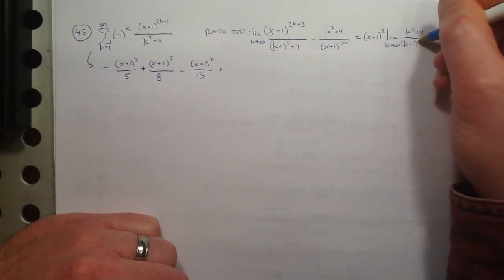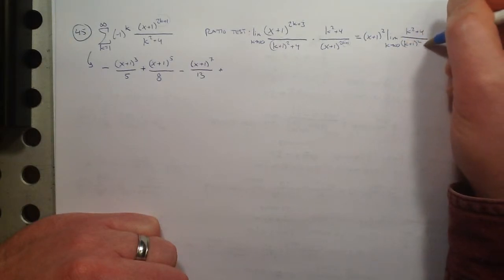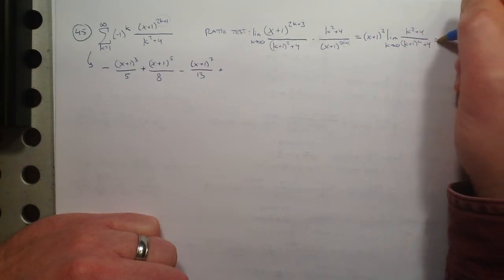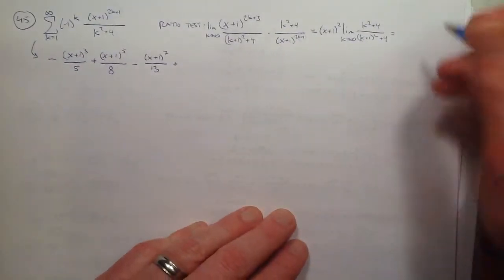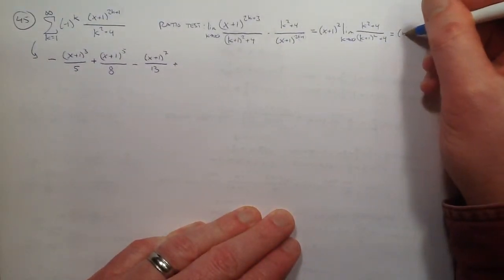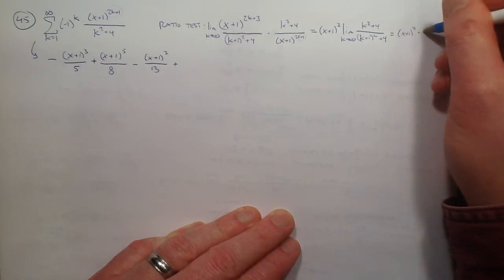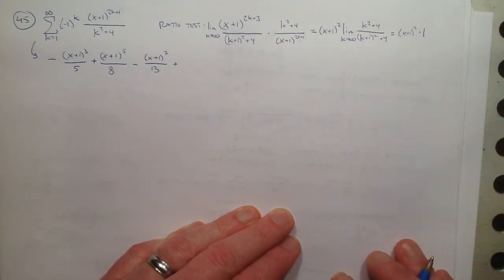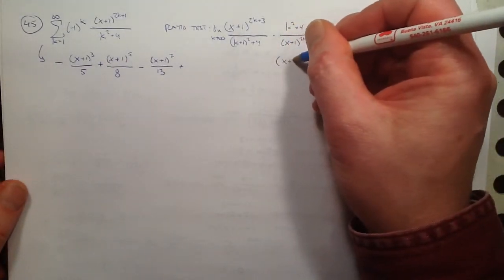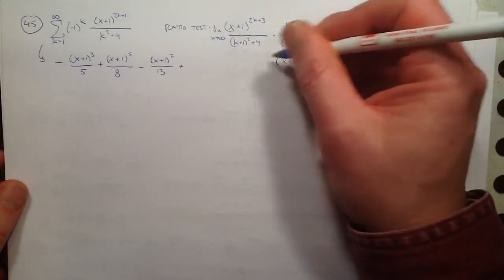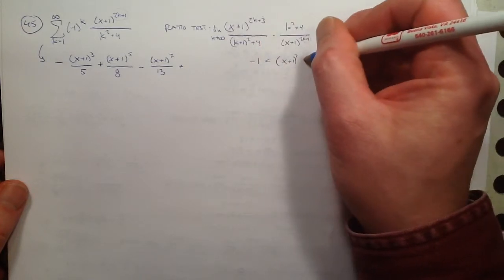If I FOILed that out, I would have something with a k squared with a coefficient of 1. So that's just equal to x plus 1 squared times that limit's 1. Okay, so I need to take x plus 1 squared and sandwich that in between negative 1 and 1.